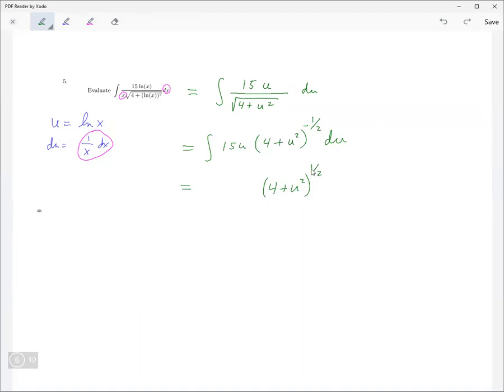The 2 and 1/2 are going to cancel each other, and there's your u. And then this reduces by 1 power, so you get 4 plus u squared to the negative 1/2. So this should be the answer right here.